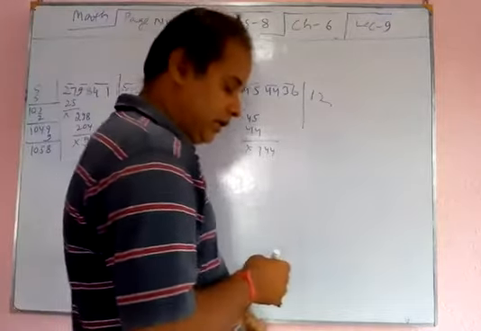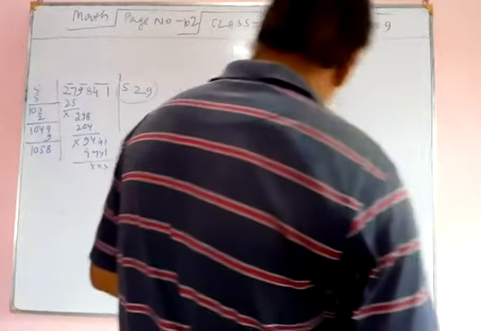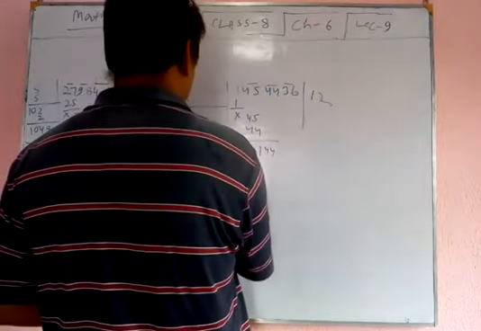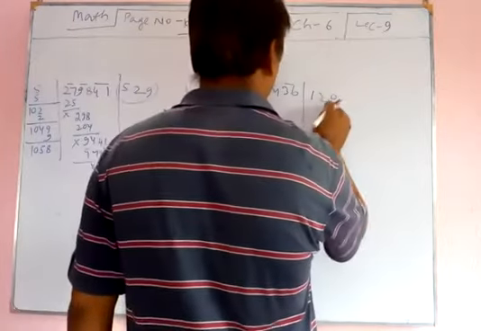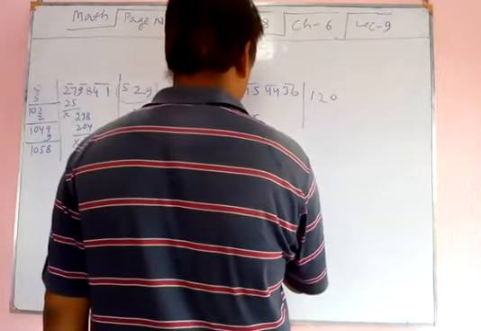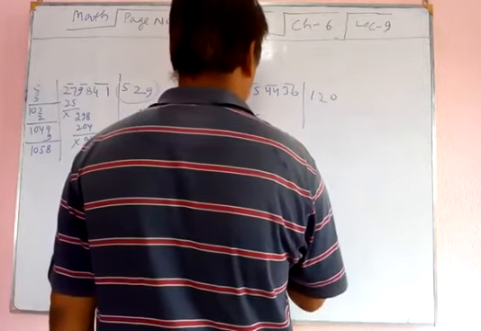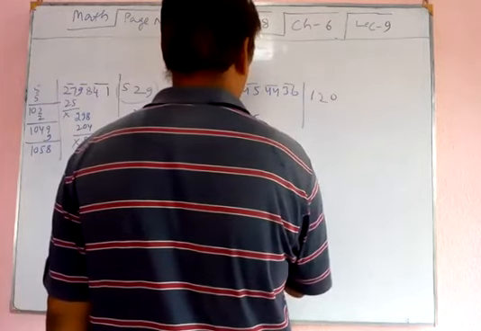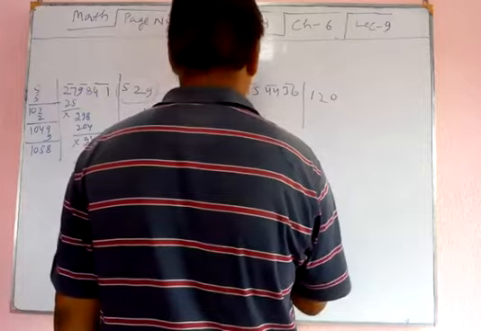So now in here we will put the 240, then 240 will be there, and 0 will be put here, and 0, 0, 0. So here it will be 14436.